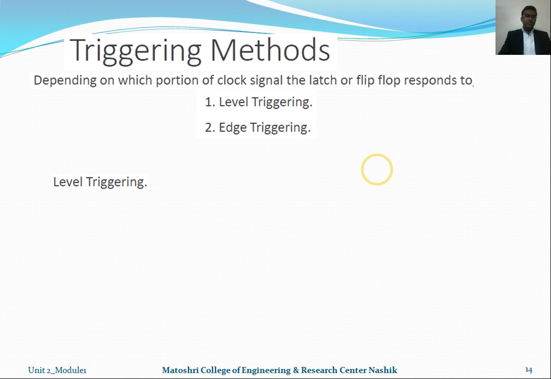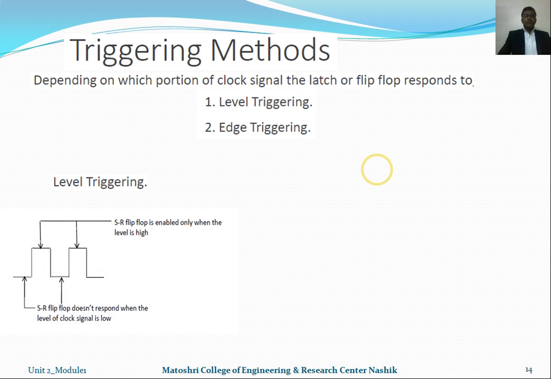Let's see level triggering. There are two types of level triggering because two types of levels are available in a single pulse. Here, this is the high level and this one is the low level.